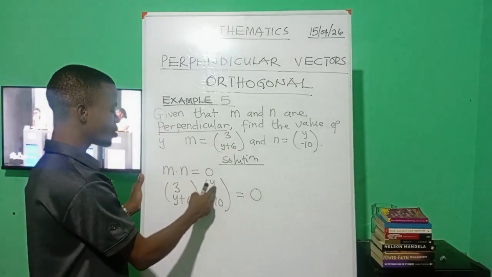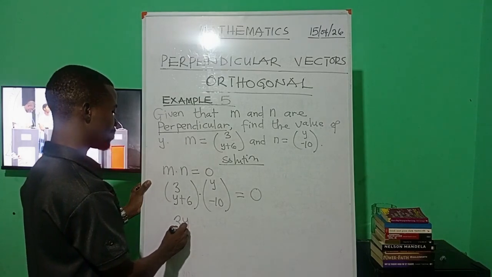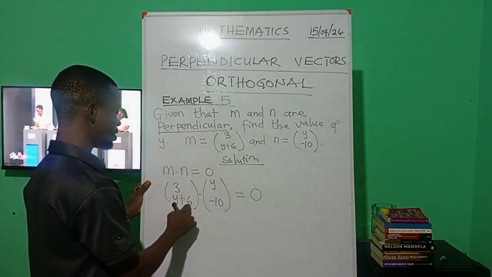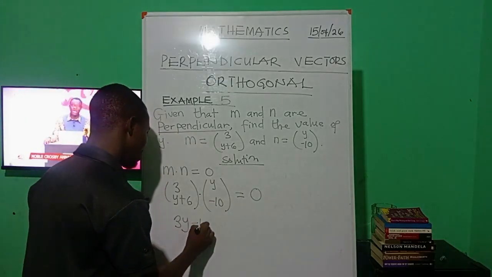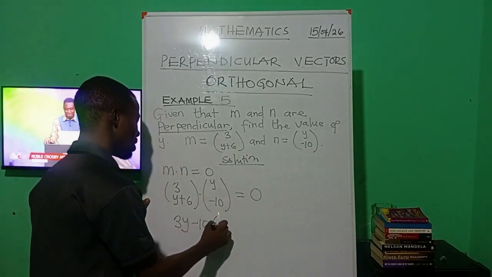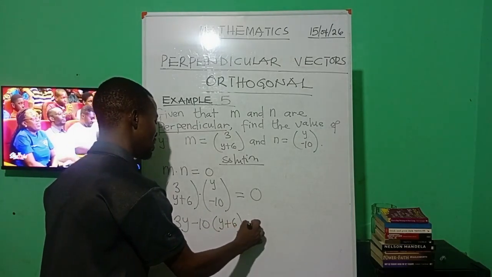Now 3 will multiply y, which means you will get 3y. Then this y plus 6 will multiply negative 10. So I'll bring the negative 10 first, and I'll multiply it by y plus 6, and this should be equal to 0.